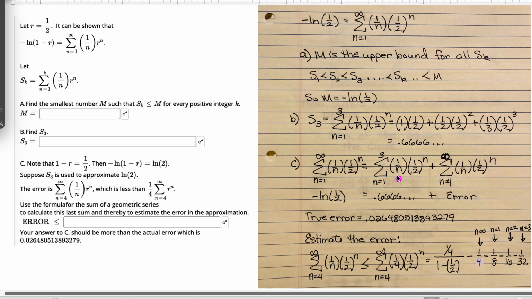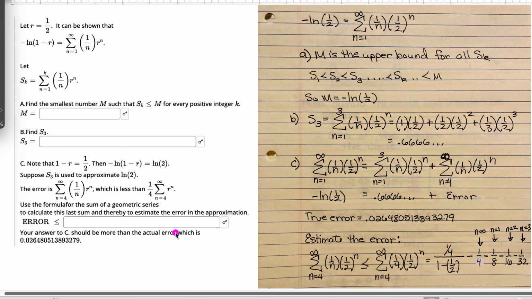Using a little bit of algebra, I can figure out what the error is by taking negative natural log of 1/2 and subtracting 0.6 repeating. This is going to be the true error if we use S3 to approximate the series. And that's given here, right? It says this is the true error right here.